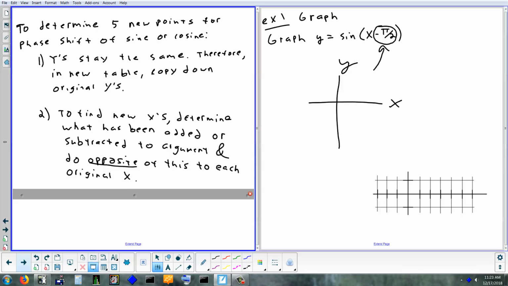So what you end up doing is you always do the opposite with a phase shift. We're going to study 4 transformations. 2 of them you do the opposite. 2 of them you don't. Phase shift is one that you do the opposite. So somehow you just have to remember that.